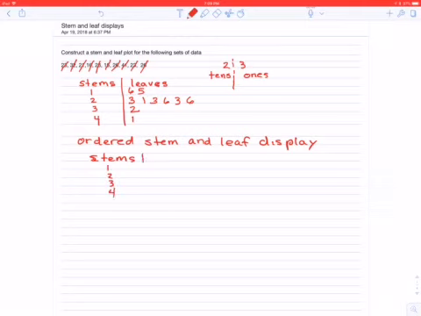But our leaves, I want to put them in smallest to largest order. So, by the tens, 5 and then 6. So for the 20s, I have 1, 3, 3, 3, 6, 6. Okay, and 32 and 41.